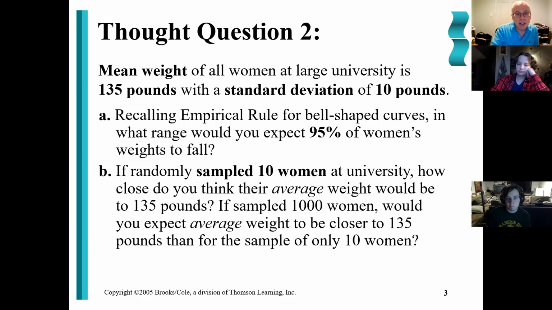That's what we would say. But part B is we're taking the average of 10 women's weights. So we would expect the average to be closer than in part A. If we sampled 1,000 women, would we expect it to be even closer than with 10 women?